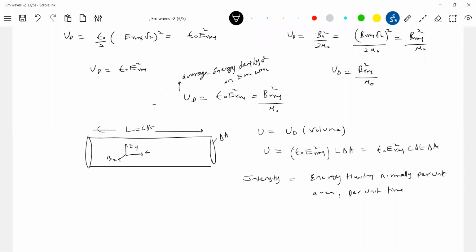I should not show direction for energy, just for our understanding purpose. There is a direction of flow. So therefore, what is the expression for intensity? Energy per unit area per unit time. So everything will become epsilon naught E RMS squared C delta T delta A.